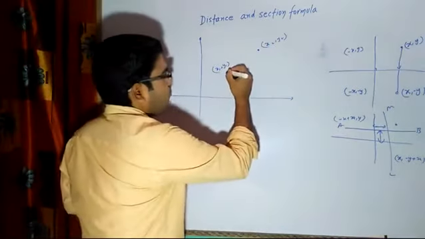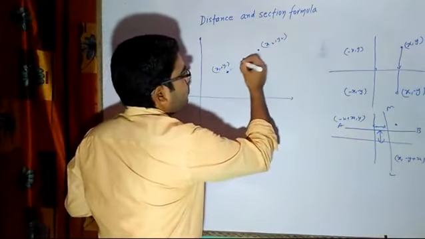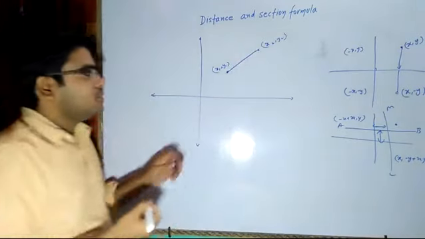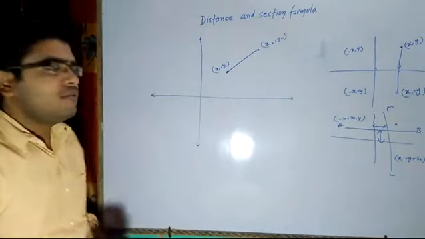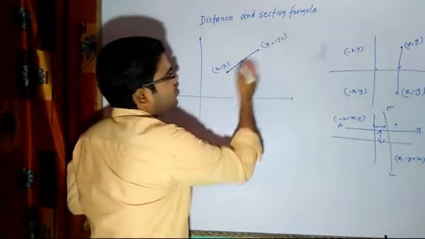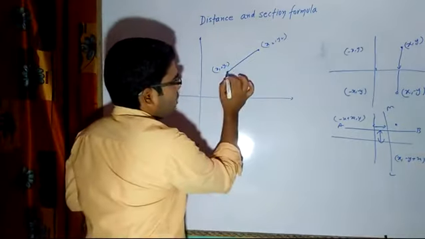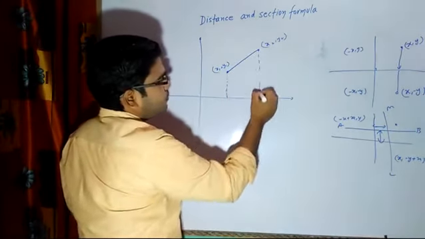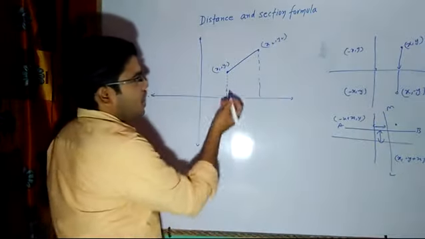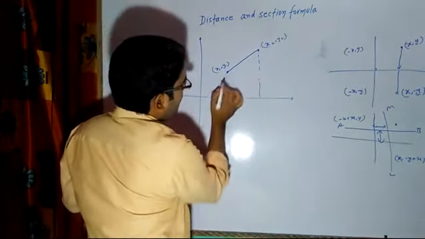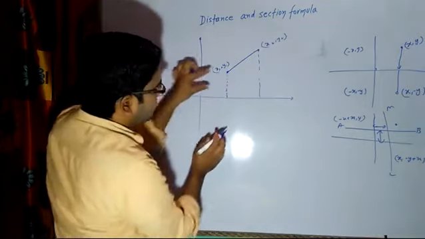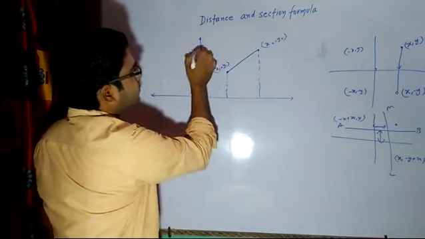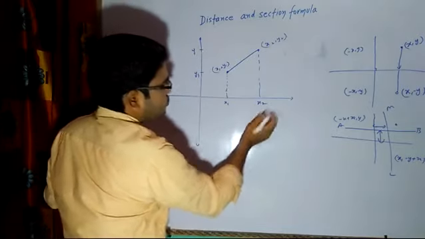Now the question is how to find the distance between these 2 points. When we join these 2 points, we get a line. As you can see, we can draw one perpendicular from here to the x-axis. The length from here to here will be y1, and this is y2, this is x1, this is x2.